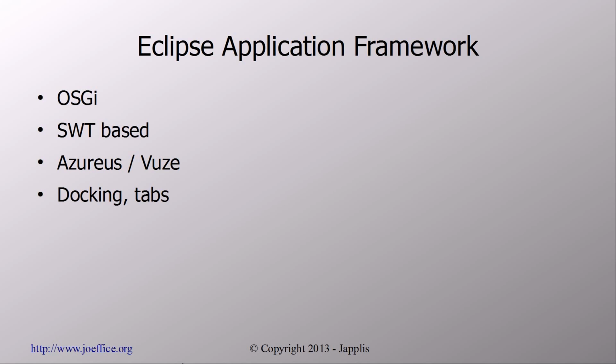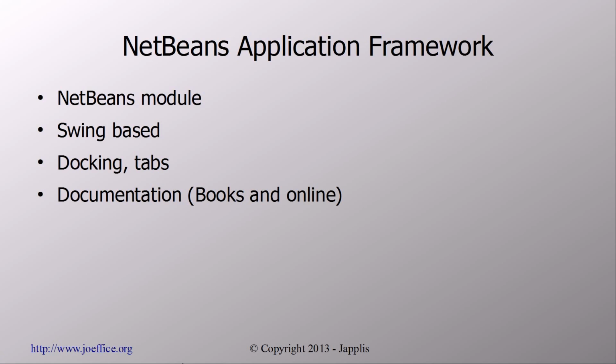And the one I'm going to use is the NetBeans application framework. It's using NetBeans modules. It can also use OSGi. It's Swing-based, this one. It has a very nice window system for dockings, tabs, and it has also a lot of documentation online and also has books.